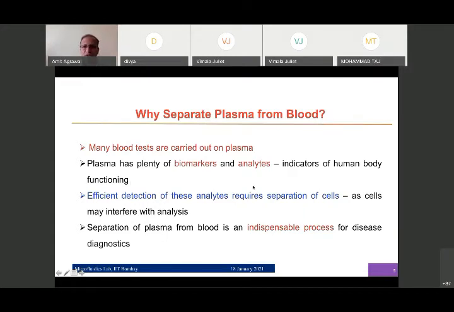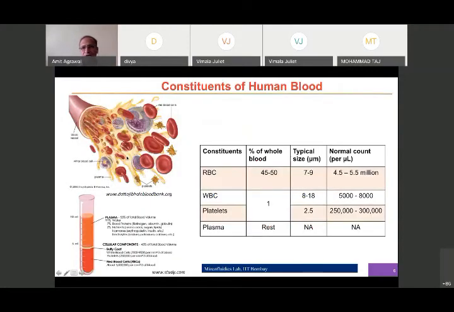To remind you of what is there in blood, the blood has several solid components and then it has liquid components. The solid components, what you see here, are the red blood cells, which, as this table shows, are around 8 microns in size, and approximately 5 million of these RBCs are there per microliter of blood.